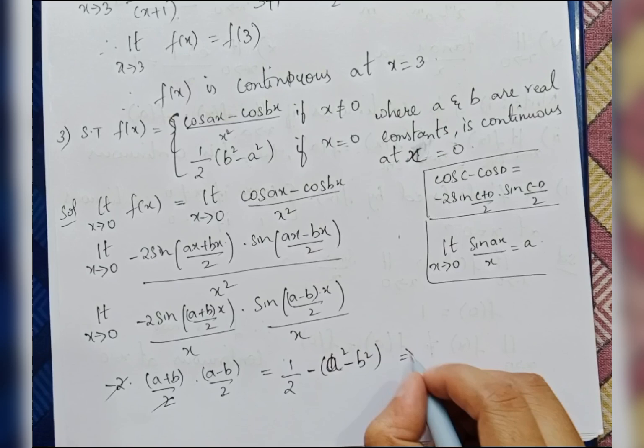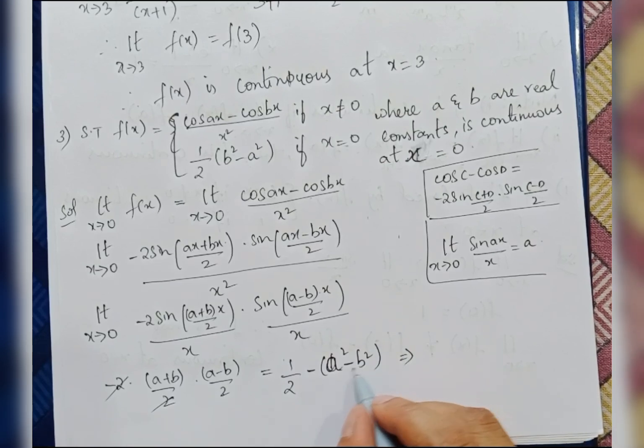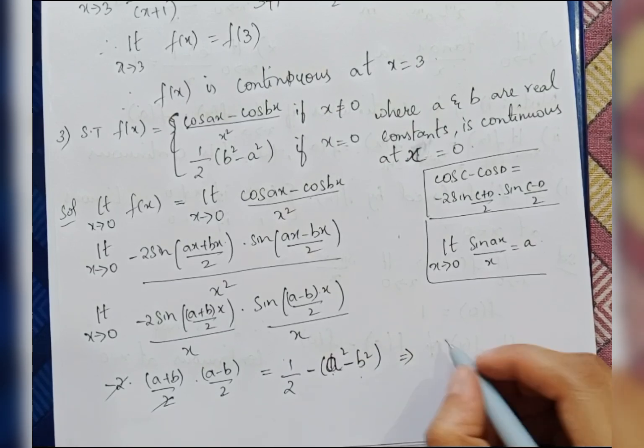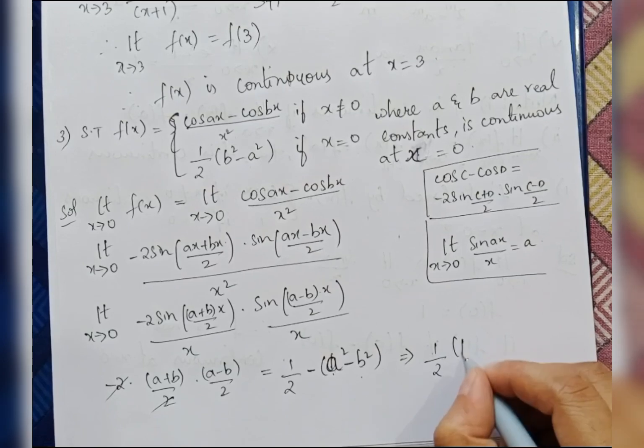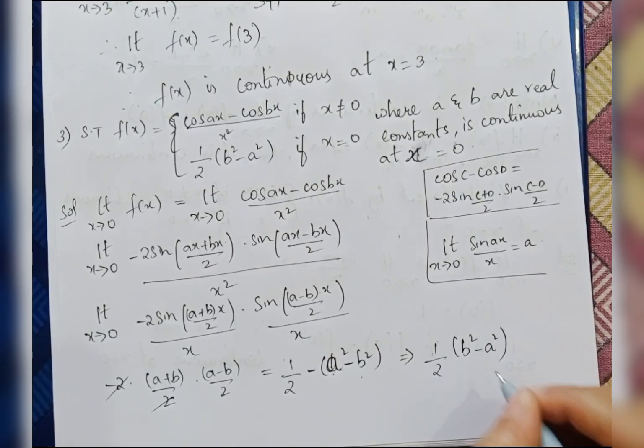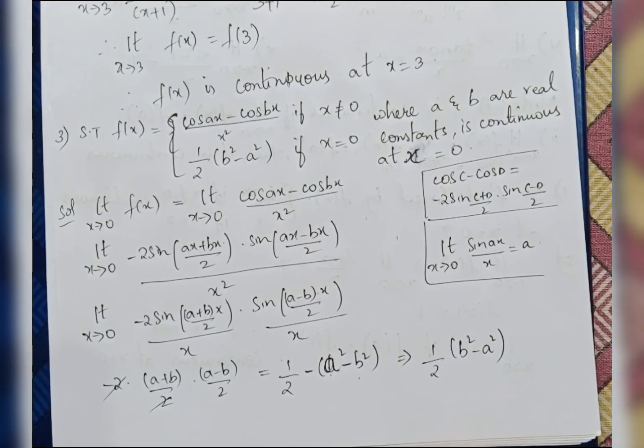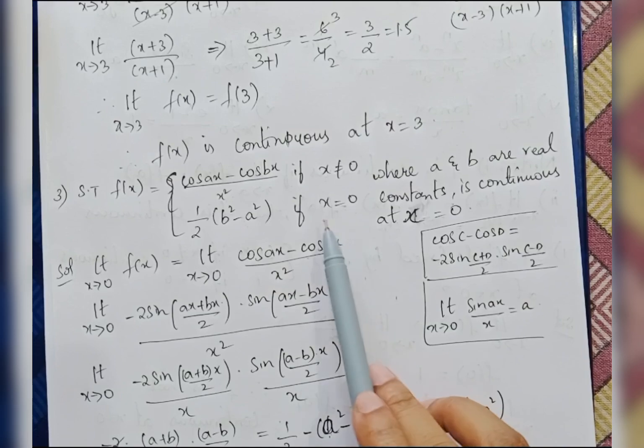Multiplying this negative inside, the positive becomes negative and the negative becomes positive, so it will be 1 by 2 into b square minus a square. So we have got the same value because it is continuous.